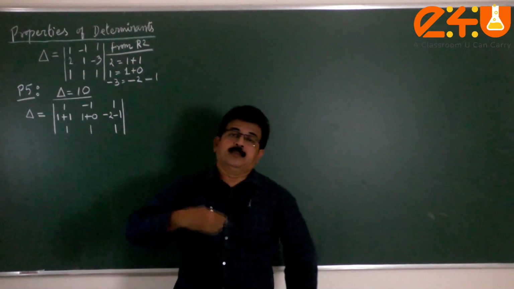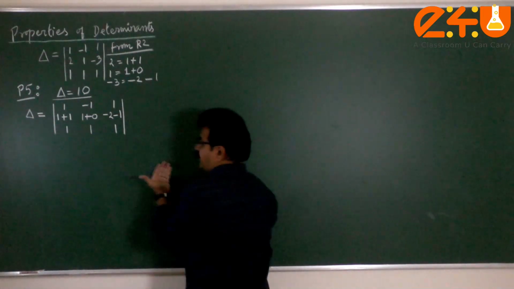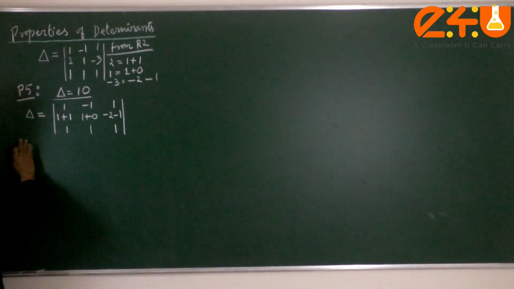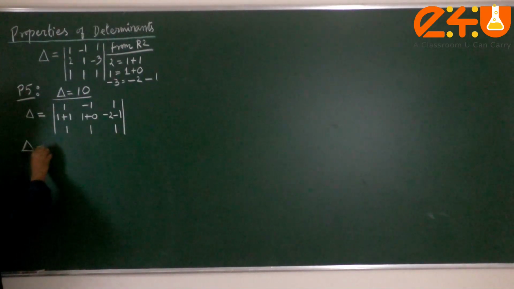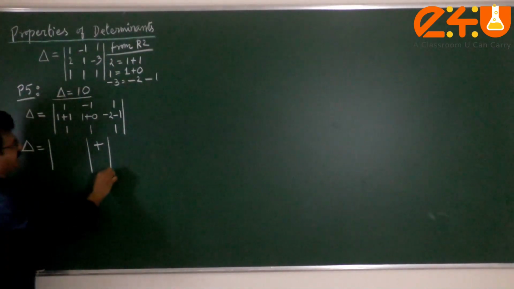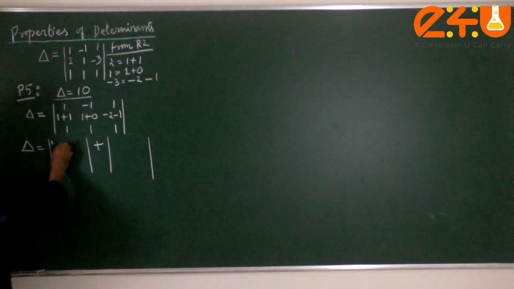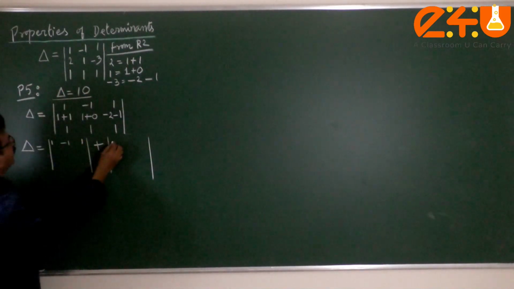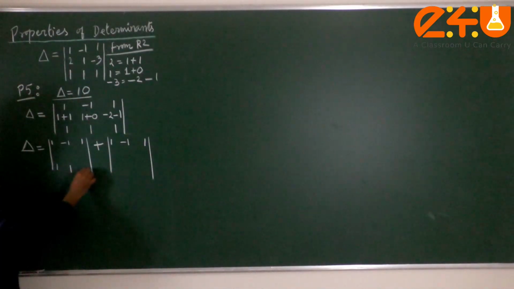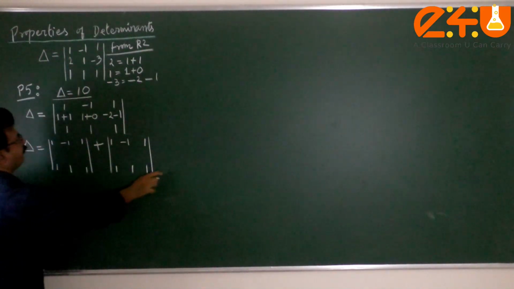Now, the property says this determinant can be split into two separate determinants. Okay, how to do that? Students can observe. So, this delta is equal to determinants of the same order, and row 1 contains singular terms only, 1, minus 1 and 1. Third row also there is no change, 1, 1 and 1.